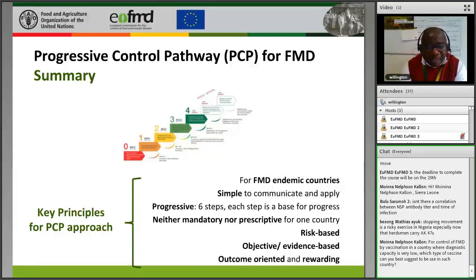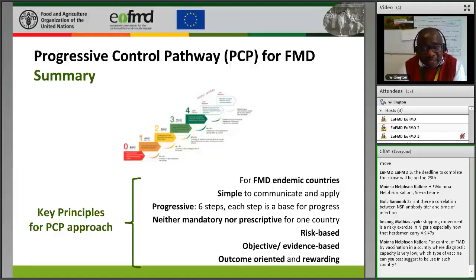The PCP has key principles which you should be aware of now. First of all, the PCP is made up of 7 clear stages, stage 0 right to a last stage, which is an OIE stage.